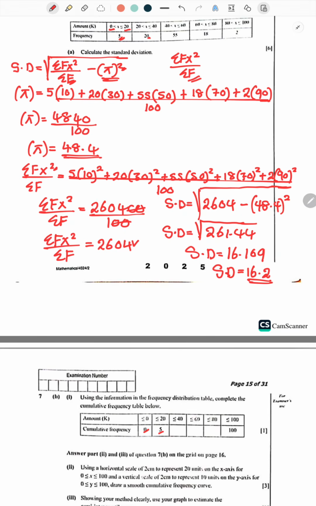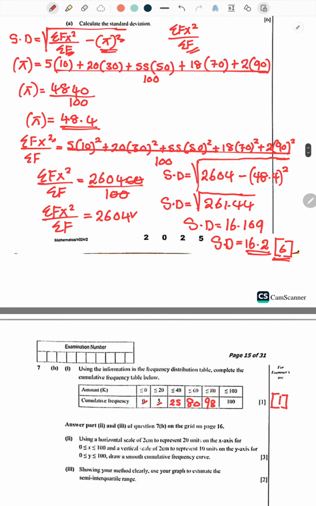This 5 added to 20 gives you 25. This 25 added to 55 gives you 80. This 80 added to 18 gives you 98. This 98 added to 2 gives you 100. So by finding this, you already have 6 marks, and by finding this, you already have 1 mark.